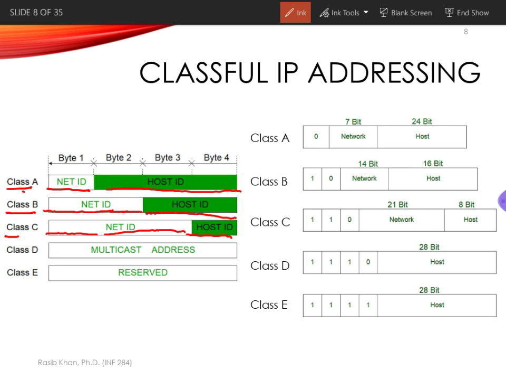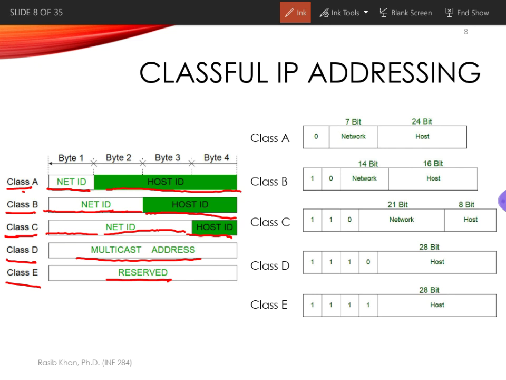So these are the 3 common classes that we use for host addresses. However, there are 2 special classes, class D and class E. Class D is referred to as multicast addresses, and class E is a special class of reserved addresses, and we will look at what these mean in detail shortly.